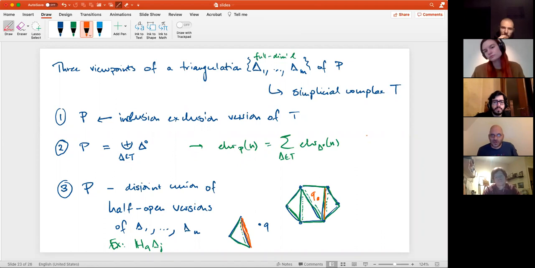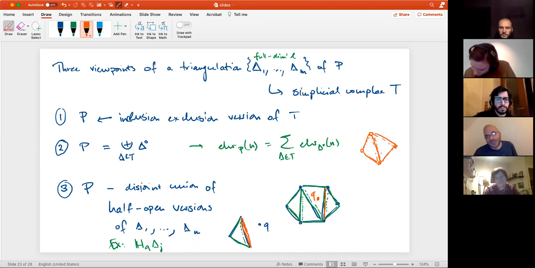So over here, my triangulation is going to look like I have some open stuff here, and then open stuff here, and then I have open line segments, and then the vertices of the triangulation. And I very much need that the relative interior of a point is that point.